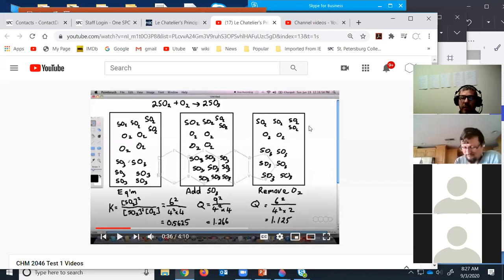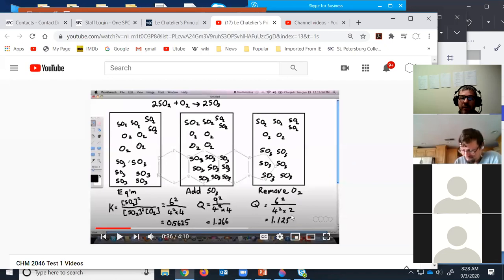Now, from an intuitive point of view, here's how you can work it. You can say, well, look, I'm removing O2. The reaction's going to want to create more O2 in order to replace the O2 that I took out. And the way it does that is by turning those products back into reactants.